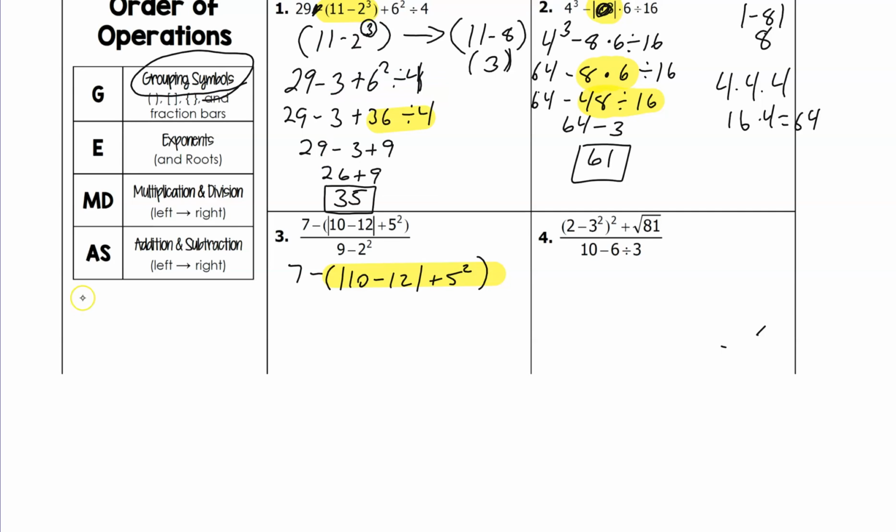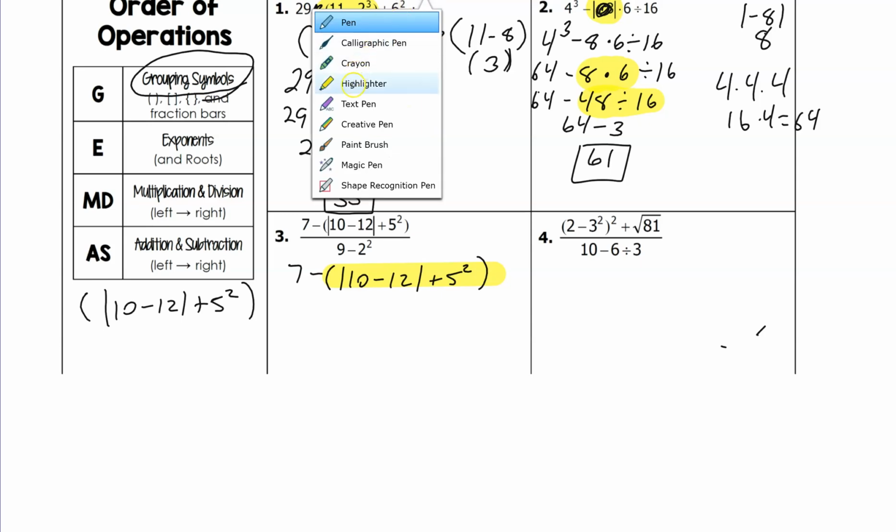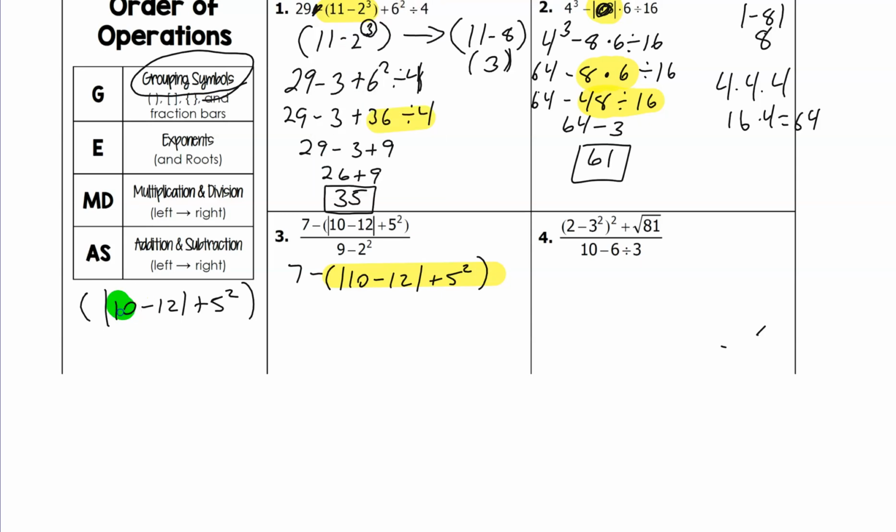So over here, I'm just going to write, we have the absolute value of 10 minus 12 plus 5 squared. That's what we're dealing with. So now within our parentheses, you notice that we have some absolute values, something else that's grouping things together. So we're going to deal with that first.